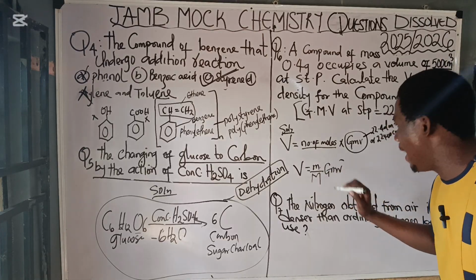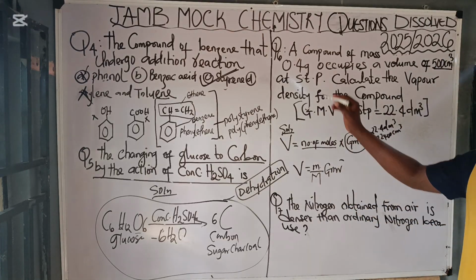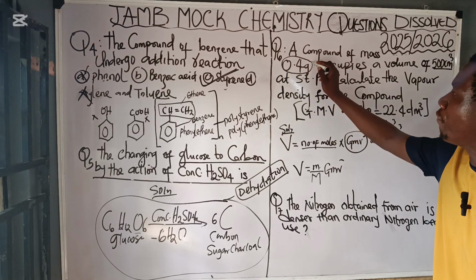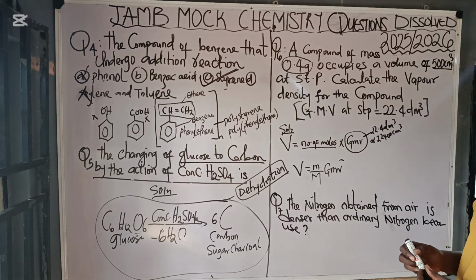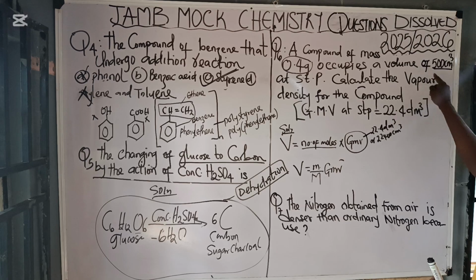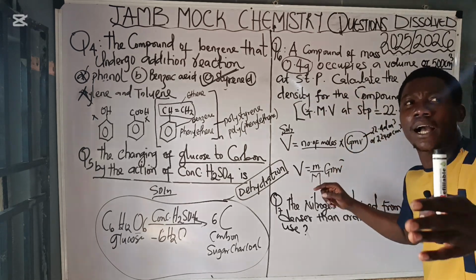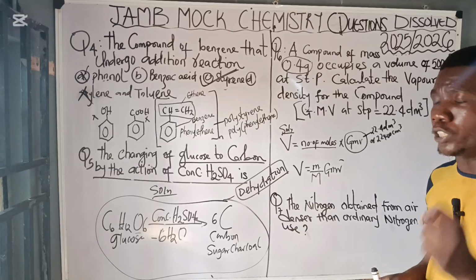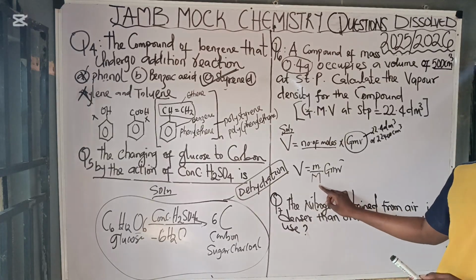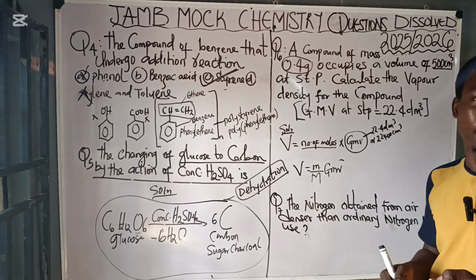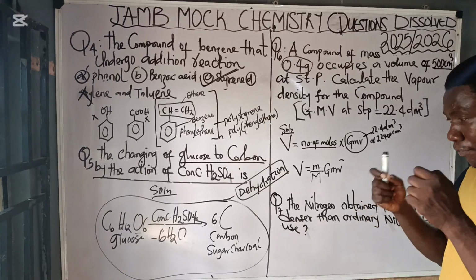Now, this mass is given to us in the question, and the mass is 0.4 grams. We are asked to calculate the vapor density for the gas. If you want to calculate vapor density, you must first calculate the molar mass of the gas. Why? Because vapor density is the molar mass of the gas divided by 2.